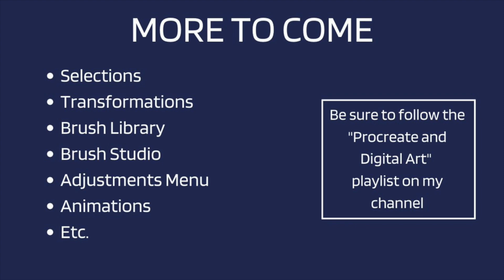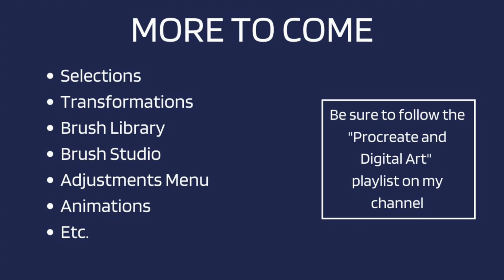And then after we do that, we're going to do the brush studio, which we've already taken a look at in the brush video. We took a look at the brush library in that video as well. But we're going to go into every subcategory there is in there, and I'm going to show you what each of those subcategories, the little things that you can change, what each of them do to create a different type of brush.